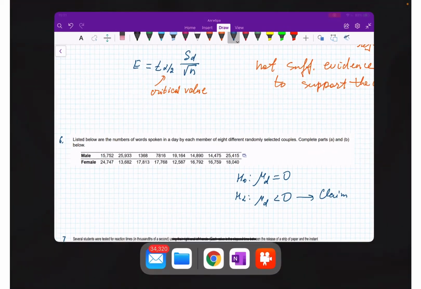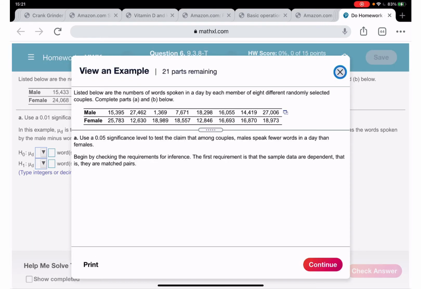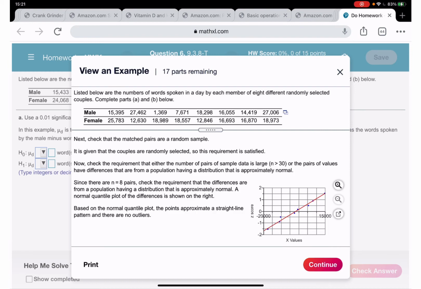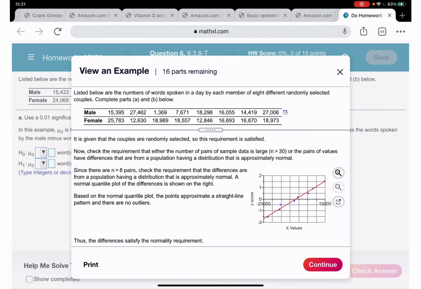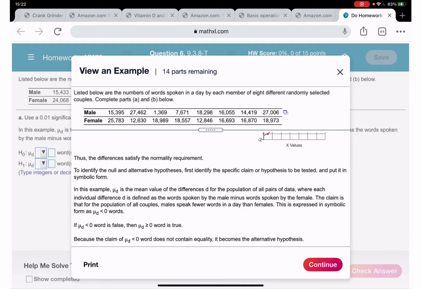Okay, so next thing we need to find the test statistic and p-value. So let's move to StatCrunch, and I'll open a view. So why am I doing this in the view? So you can see the values in the viewing example and compare them to the StatCrunch results, to make sure you are doing the operations correctly, and then move to your problem.